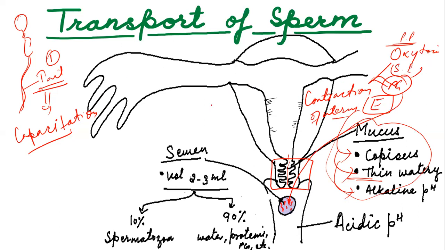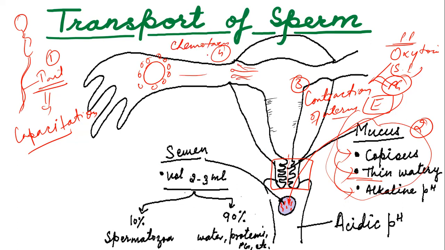So first is the tail, second is the changes in the mucus, third is the contraction of the myometrium, and the fourth one is that the outer cells, the cells of the corona radiata, will attract the sperm through certain chemicals, which we can call chemotaxis. So these are the four mechanisms responsible for the transport of sperm.